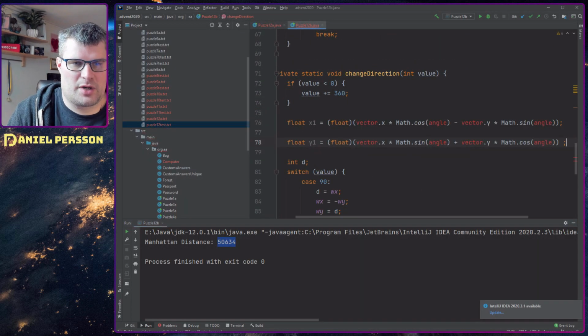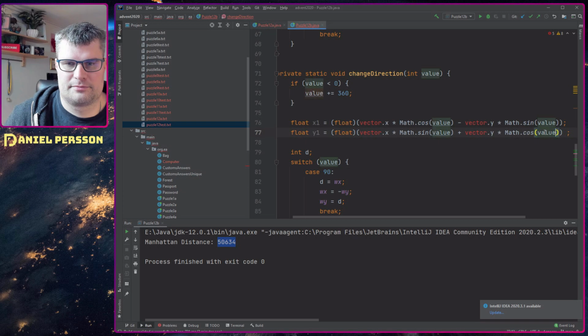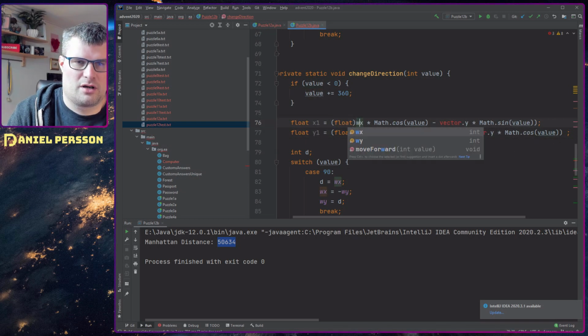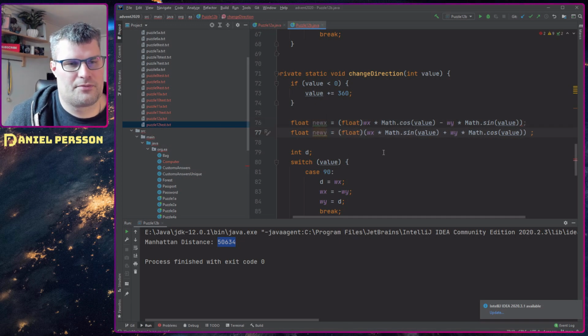So let's say that we have these two functions here. The angle is the value. And then we have y, x, like that. Like that. And the new values will be new x, new y.